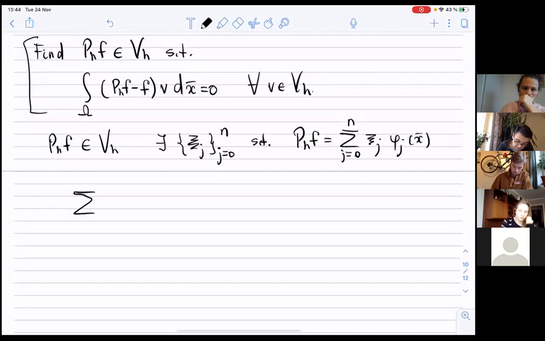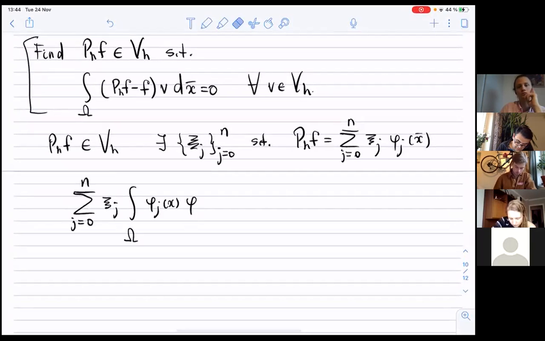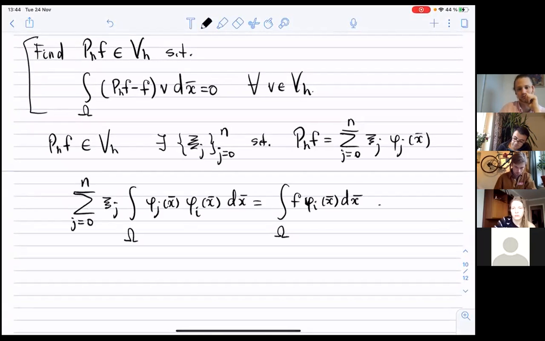So we are looking for psi_j, j from 0 to n, such that the integral of phi_j(x) phi_i(x) dx, summed with psi_j, is equal to the integral of f phi_i dx, for all i equal to 0 to n.